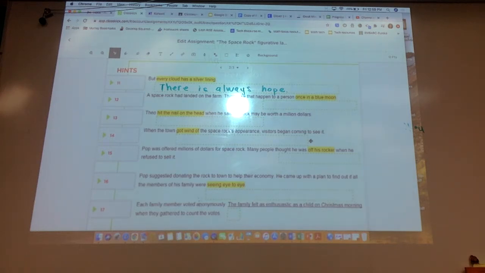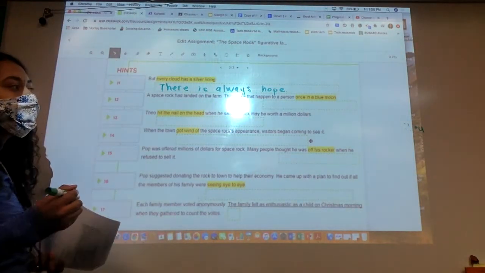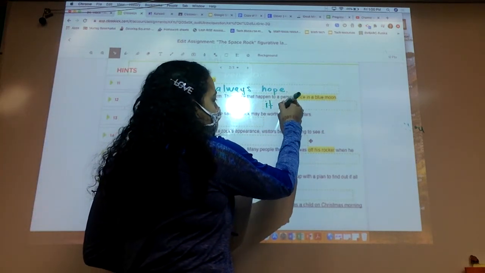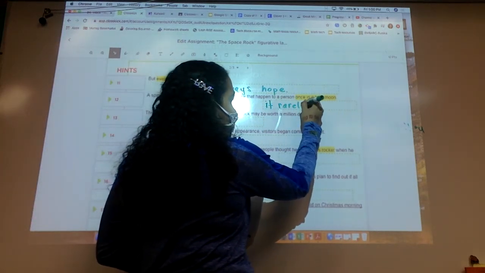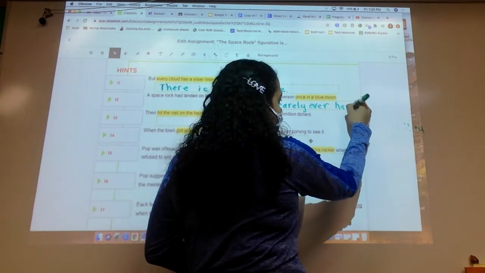Thomas, what does this idiom mean? It happens like once in a lifetime. It barely happens. It rarely ever happens, right? Okay. It rarely ever happens.